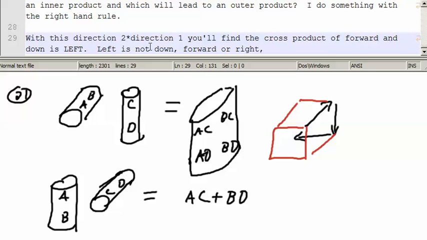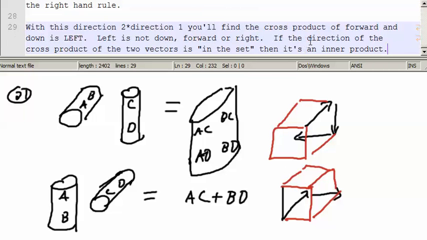Left is not down, forward, or right, but if you do the cross product in the other direction, if you go down then forward, the cross product of those is right. And I'll just try to fill in a little bit more dimensionality to that structure as well, so you can see where those are going. And anyway, that product is right since it is in the set.